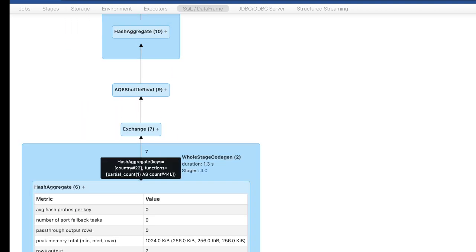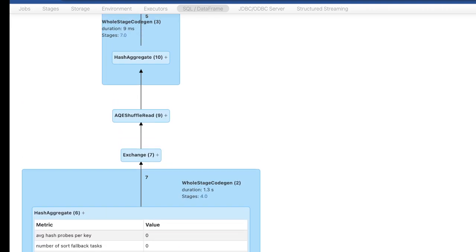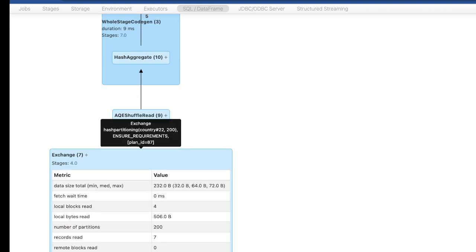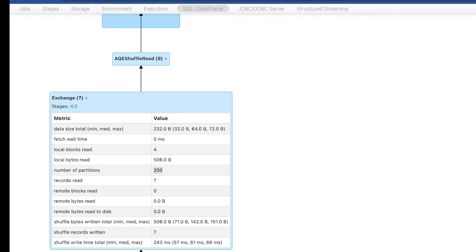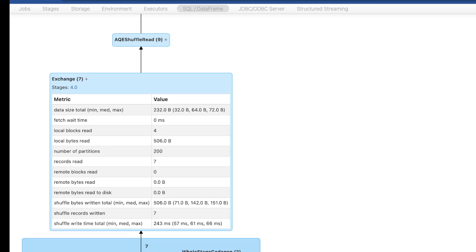This is the hash aggregate, the same way. Let's talk about the exchange, which is the fourth stage. In the fourth stage, 4 partitions were created. Sorry, this is the last stage, where 200 partitions were created. We can still change the shuffle partitions to 1, but we have to configure that.